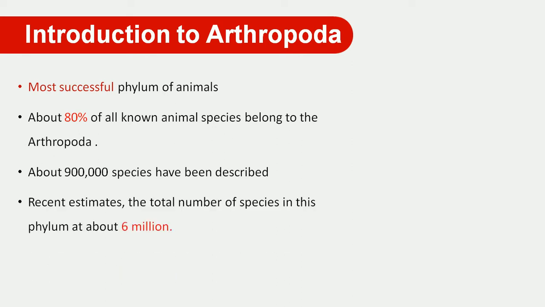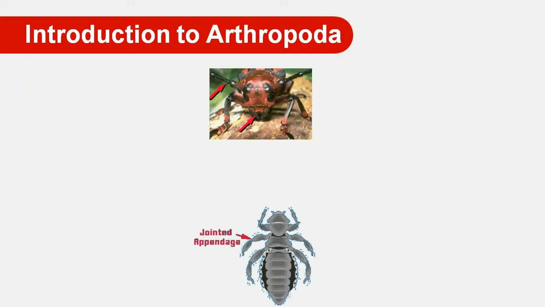Recently, they estimated the total number of species in the phylum Arthropoda at about 6 million. You can look at the pictures here of arthropod animals, which are self-explanatory. Let us go through the introductory information.